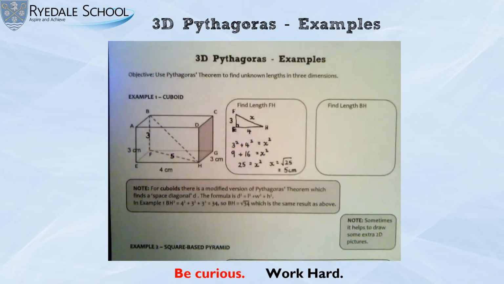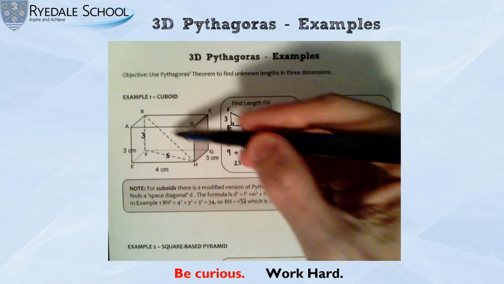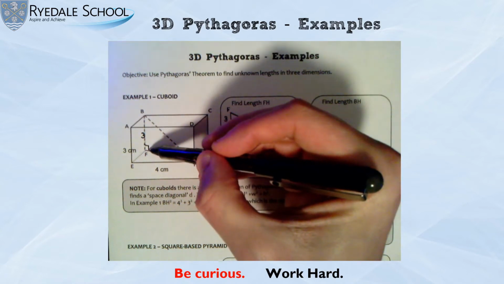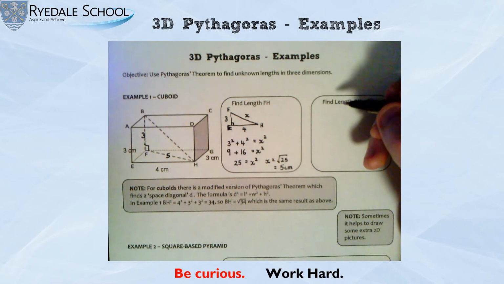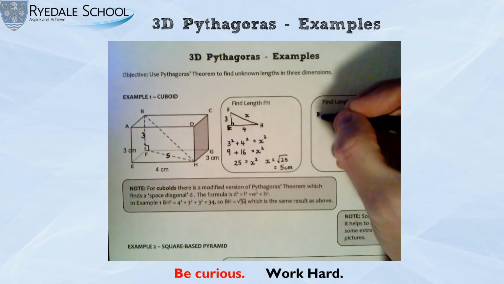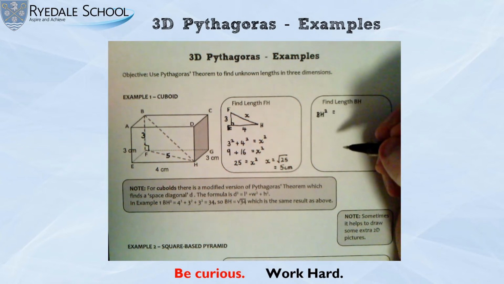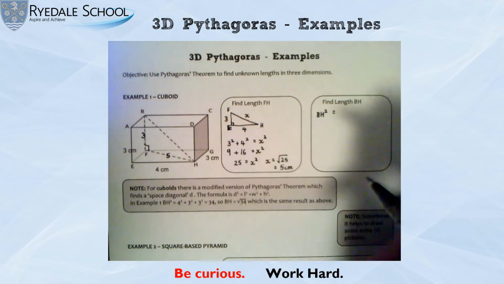So I am now working out B to H. So I'm looking at this triangle here, and that, although it wouldn't look like it, is actually a right angle. So for this question, I need to do BH squared. So BH squared just means the length of BH is, again, it's the long side, 3 squared plus 5 squared.